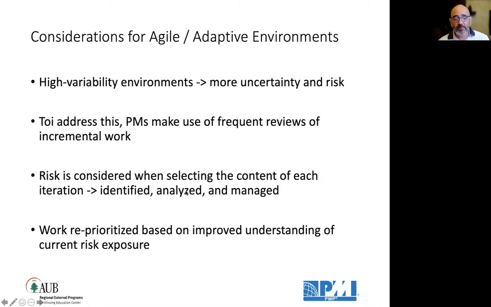So the risk here is considered when selecting content of each iteration or increment to identify, to analyze, and to manage that risk related to this iteration. And the work is reprioritized based on the improved understanding of the current existing risk exposure for that story.